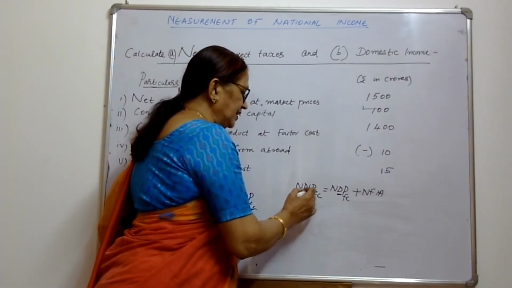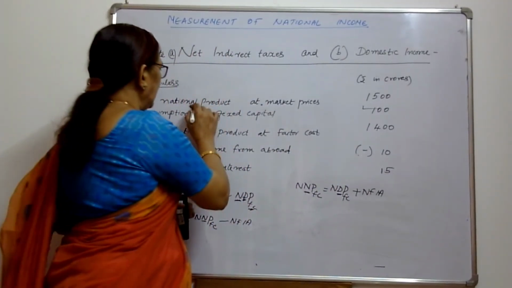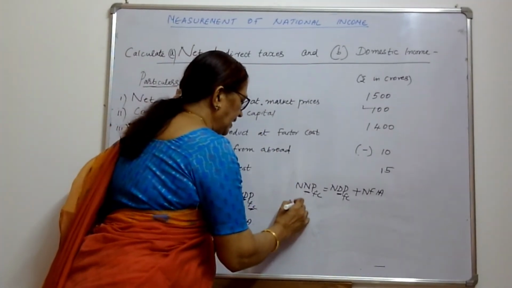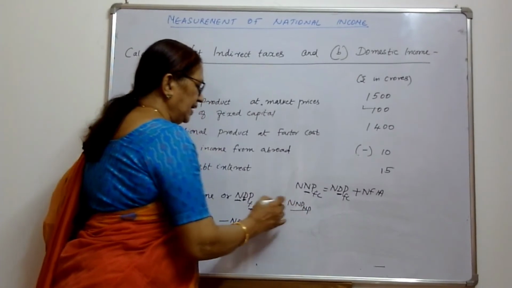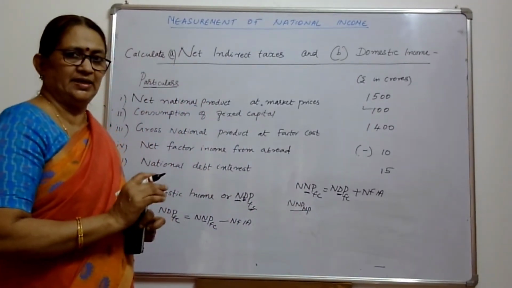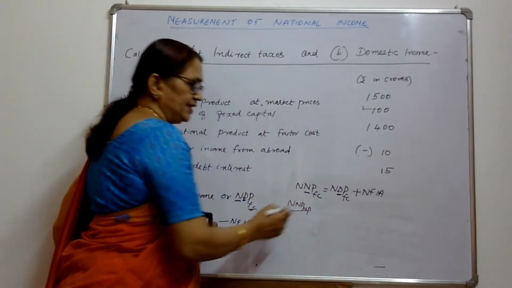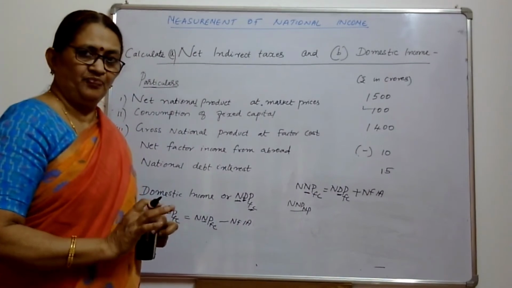So national income minus NFIA, we will get domestic income. Here we have to derive domestic income from NNP at market price. What is the difference between NNP at market price and NNP at factor cost? Market price concept includes net indirect tax. Factor cost concept does not include net indirect tax.